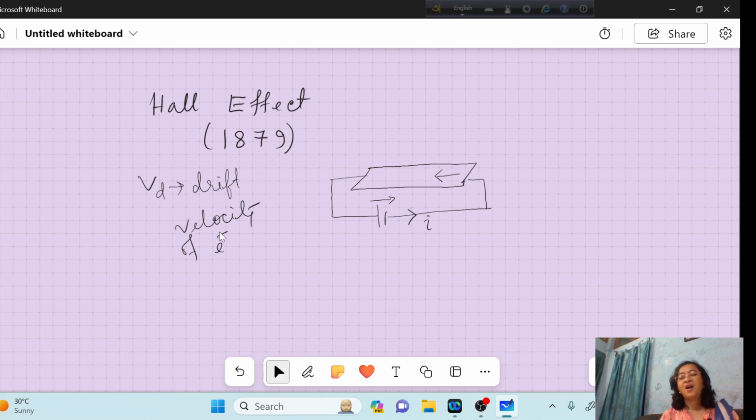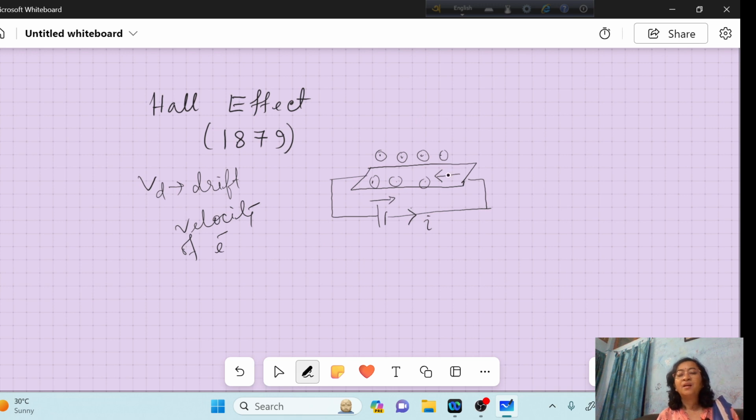Fine. Now what will we do? We apply a magnetic field in a direction perpendicular to the direction of the current flow. That means the magnetic flux is outward from the plane of the paper.